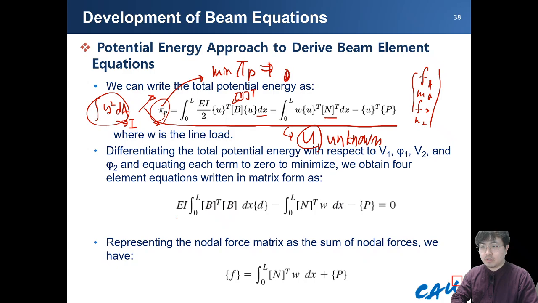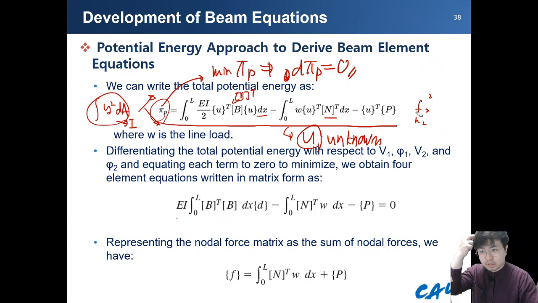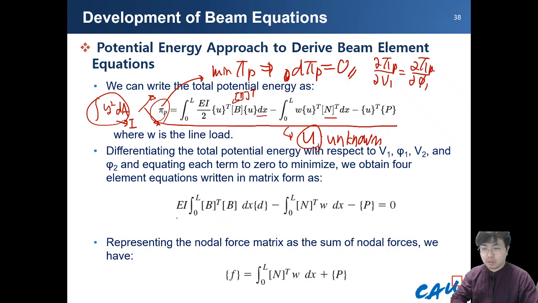One is to check where the derivative equals 0. If there are several internal variables, the first variable is v1, the second variable is phi1, the third variable is v2, and the last variable is phi2. The derivative of the total potential with respect to each equals 0. When this derivative equals 0, at that point we can easily expect the minimum point.